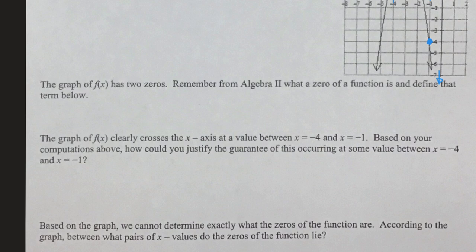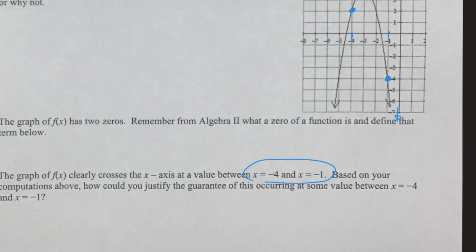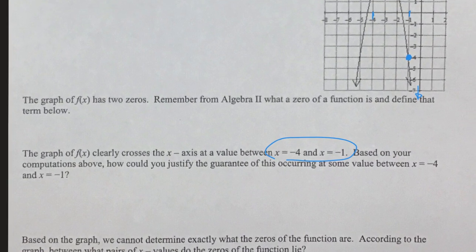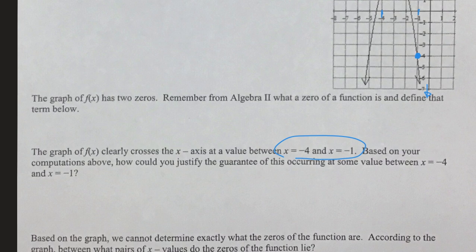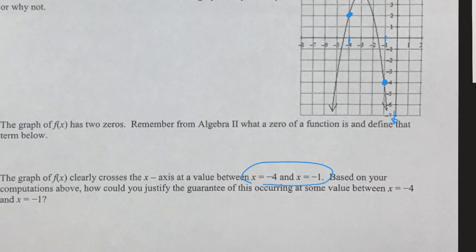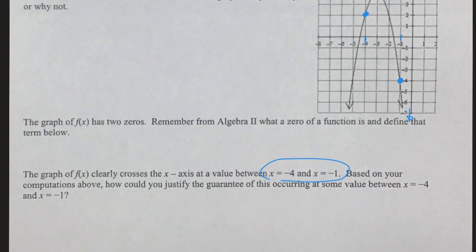Okay, so the graph clearly crosses the x-axis at a value between -4 and -1. Based on your computations, how can you justify the guarantee? What does this say? The graph of f of x clearly crosses the x-axis at a value between -4 and -1.